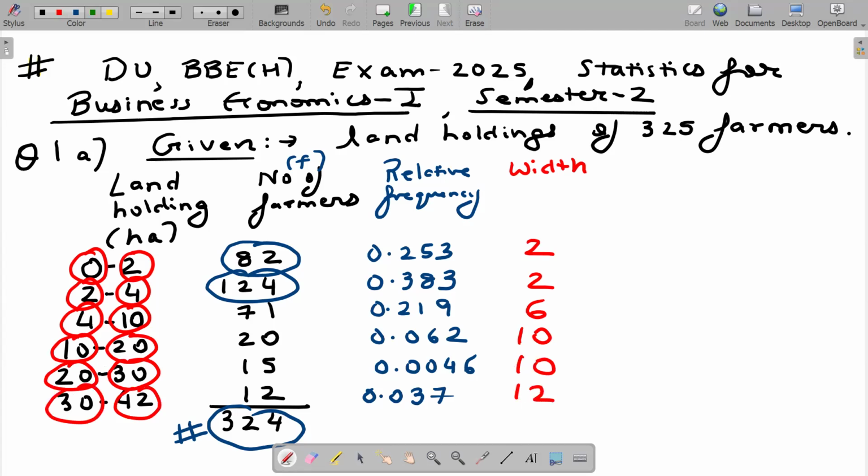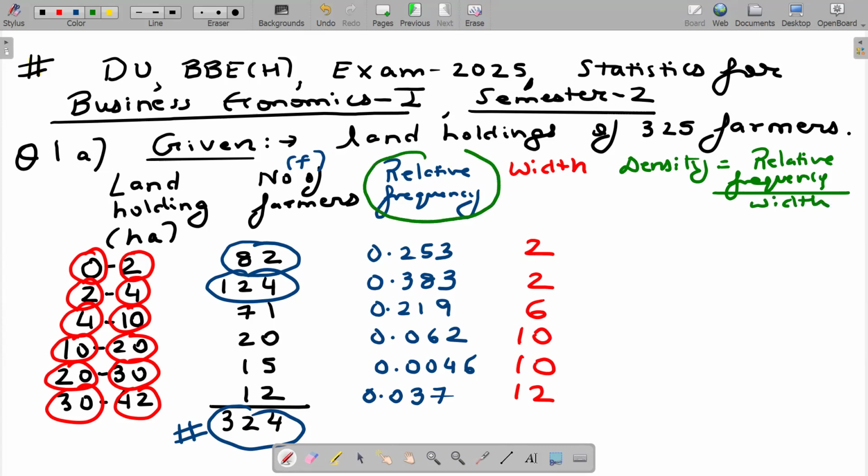Then the last thing we calculate is the density. How do we find the density? Density is nothing but the relative frequency divided by width. That means this column divided by this column. So 0.253 divided by 2 is 0.1265, which I can just write as 0.127.